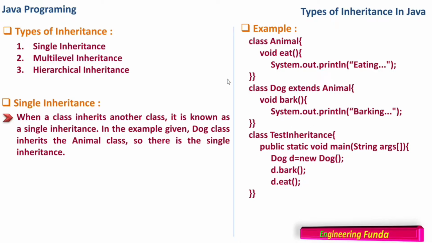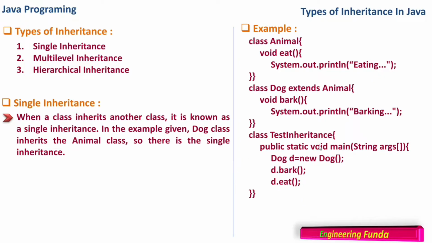But we have an eat method in the animal class. Since dog class has extended the animal class, this eat method will be available with the dog class also. So an object created for the dog class can call these methods as well. So when we write d.eat, it will call this eat method which is in the animal class and it is expected to print this message eating.